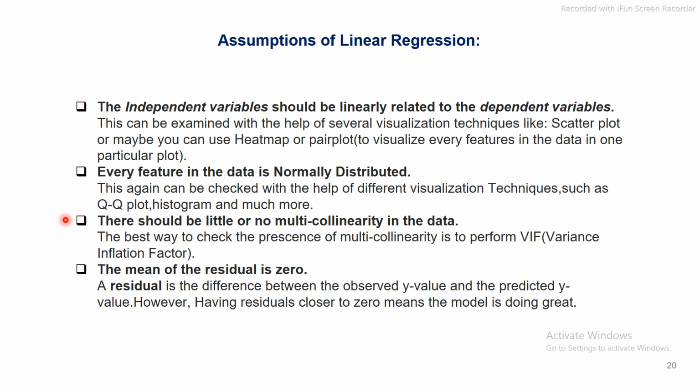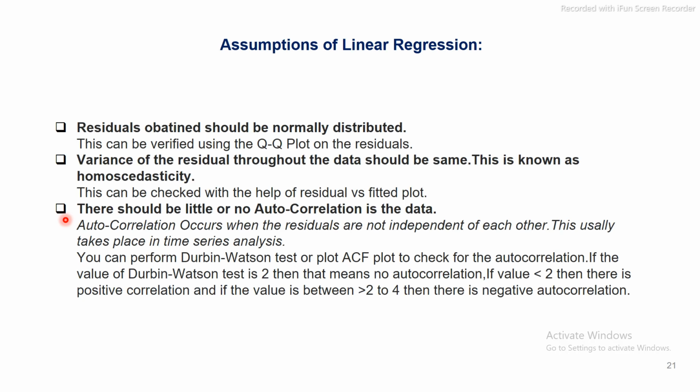It will not happen, but through ordinary least squares, you are trying to minimize it and bring it to 0. And the residual obtained should be normally distributed. Even the residuals, if you plot them out, their graph would look like a bell-shaped curve. So these are some assumptions.